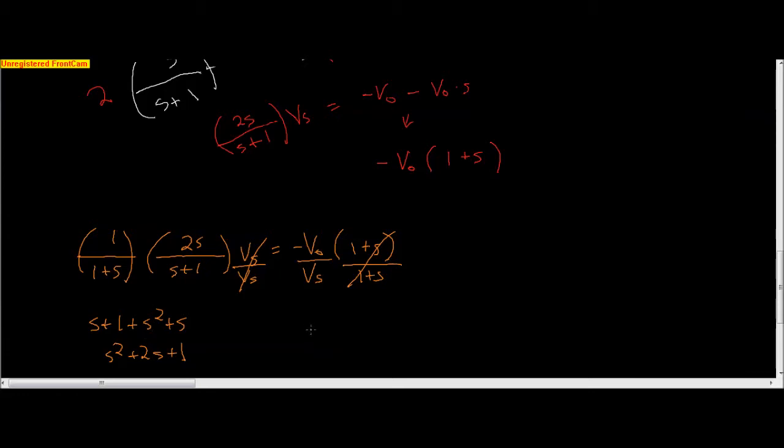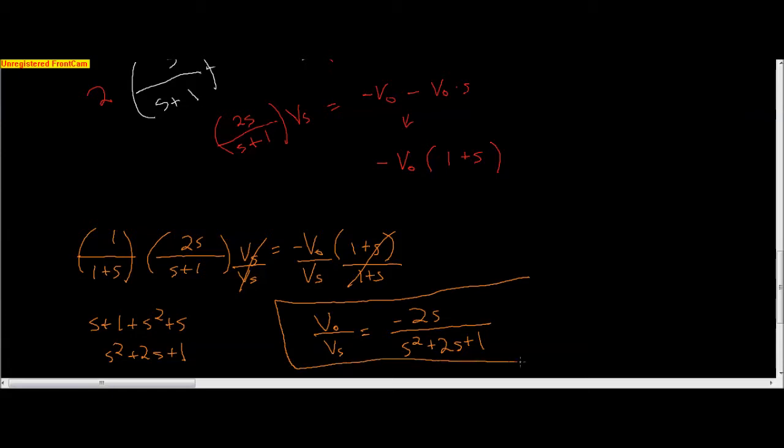And our final answer is VO over VS equals negative 2S over S squared plus 2S plus 1. Huzzah!